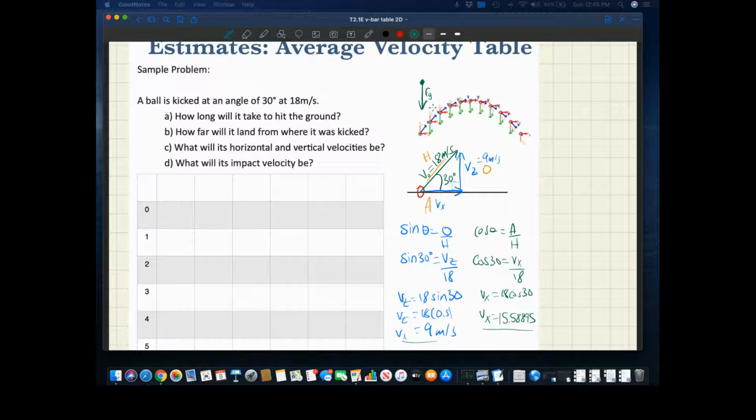And therefore, the velocity in the horizontal is constant. So we can put in our velocity in the x direction, which is 15.58. Since it doesn't accelerate, it's going to remain 15.58.